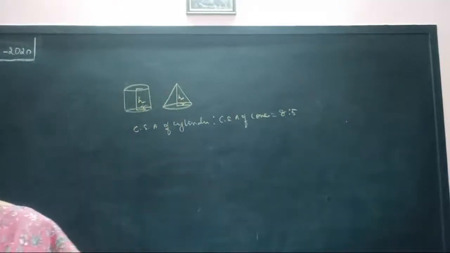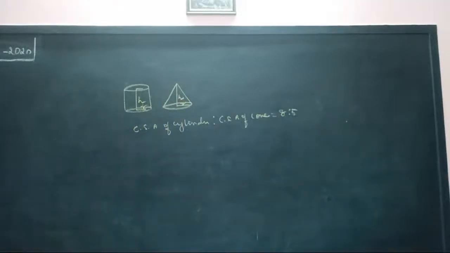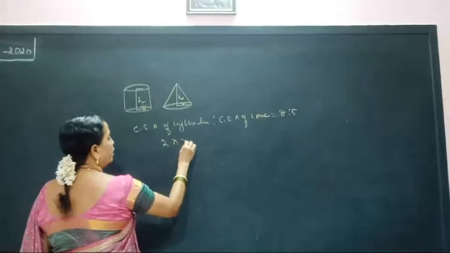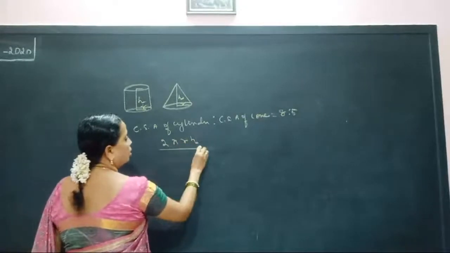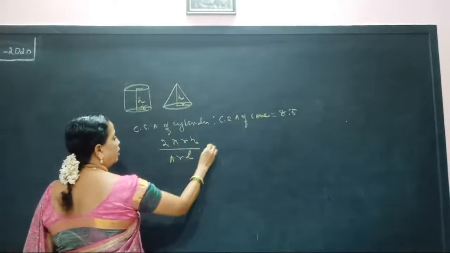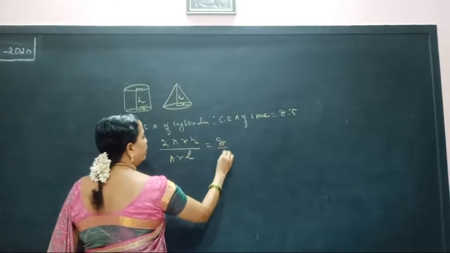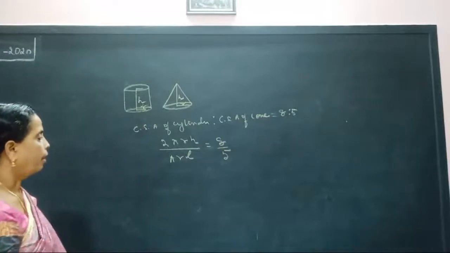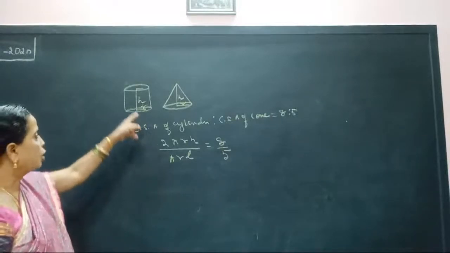Just get the figure. Curved surface area of a cylinder is 2 pi RH. Curved surface area of a cone is pi RL. Their ratio equals 8/5. But L is not given here.